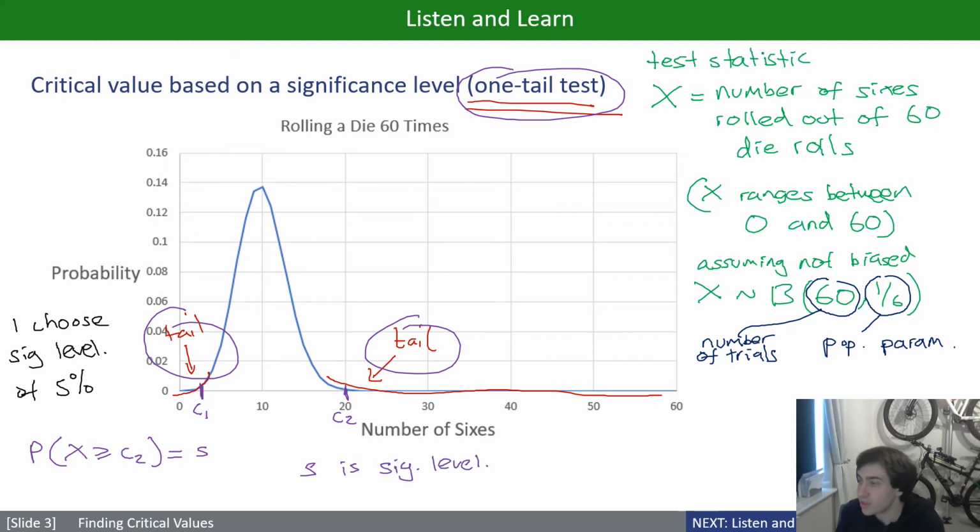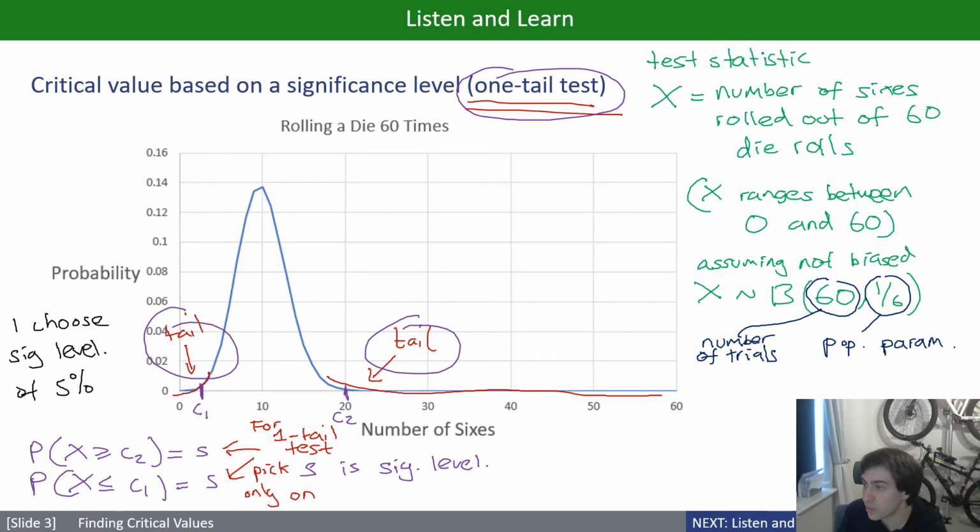So the probability of being greater than or equal to this C2 is your significance level, and the probability that you are less than or equal to C1 is equal to that significance level. Okay, but you only pick one of these, right? Because it's one tail. For a one-tail test, pick one.